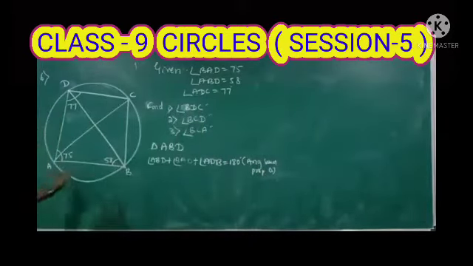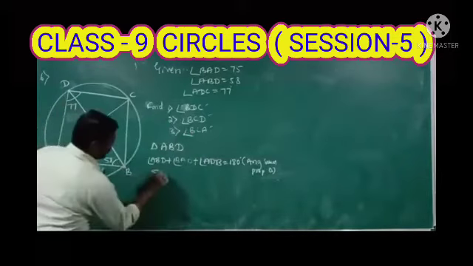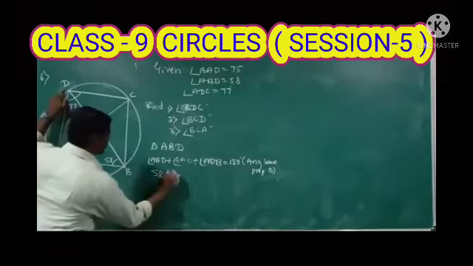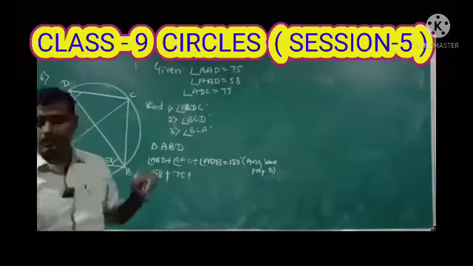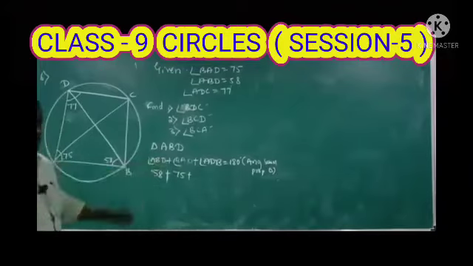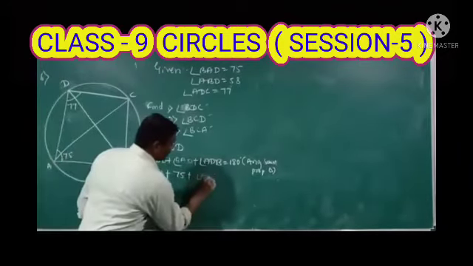Angle ABD is 58 degrees. Angle BAD is 75 degrees. So two angles are already given. We need to find one more angle, that is ADB.